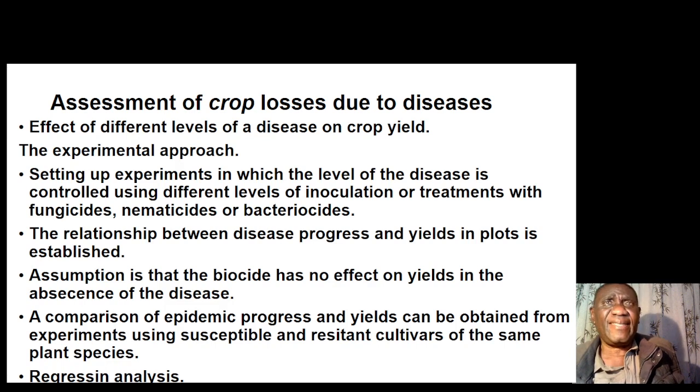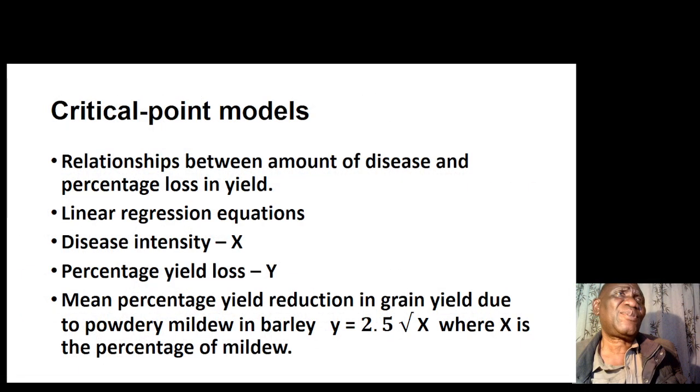Regression analysis is commonly used. This is a statistical approach which gives us the relationships of presence of the disease and the crop yield loss. So we have what are known as critical point models. This is actually regression. The relationship between the amount of disease and the percentage loss in the yield.